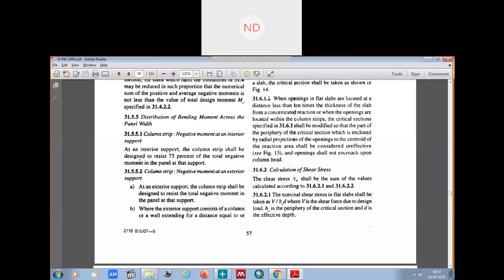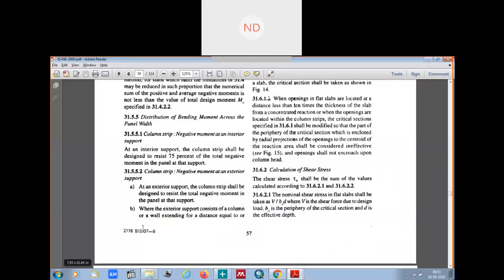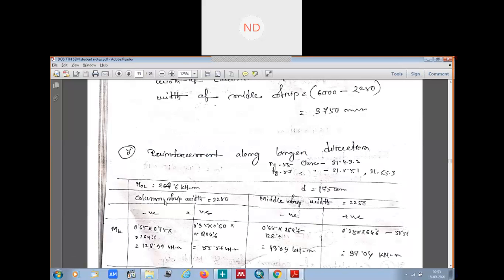At an interior support, the column strip shall be designed to resist 75% of the total negative moment in the panel at that support. That's why we have multiplied by 75%, such that this much is to be resisted. From the total negative moment which will be developed, 75% is to be resisted. So we got our total negative moment this much.